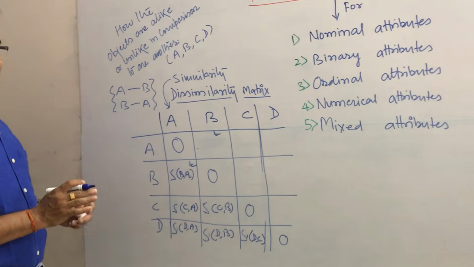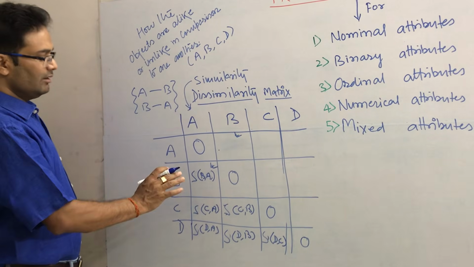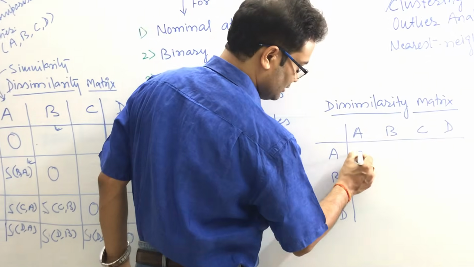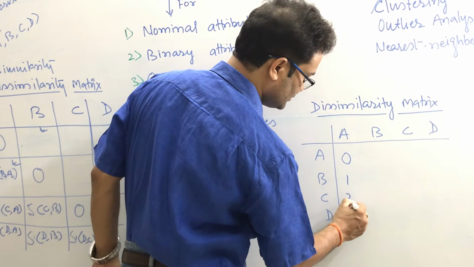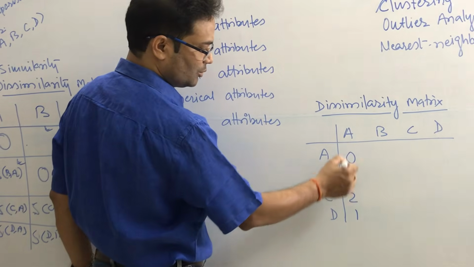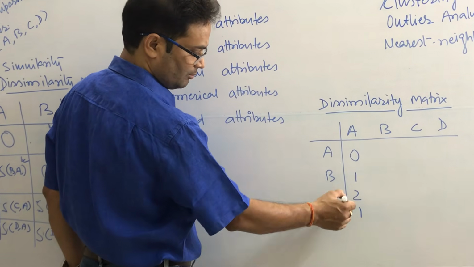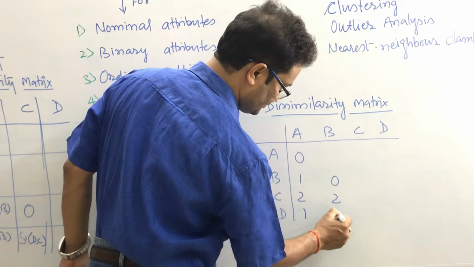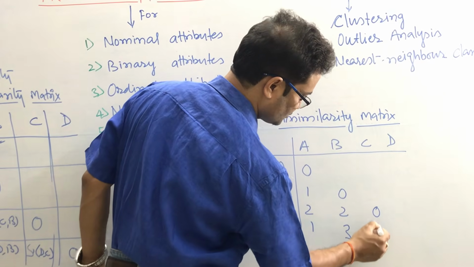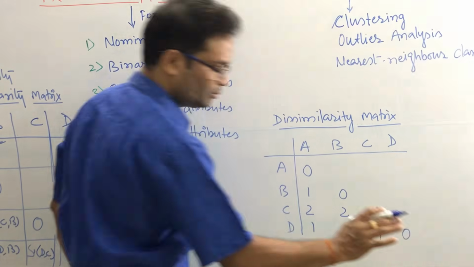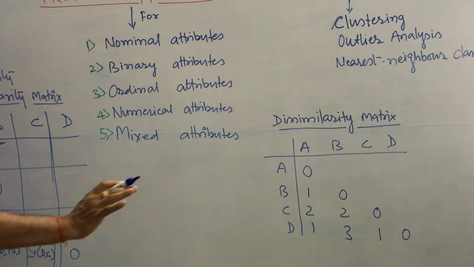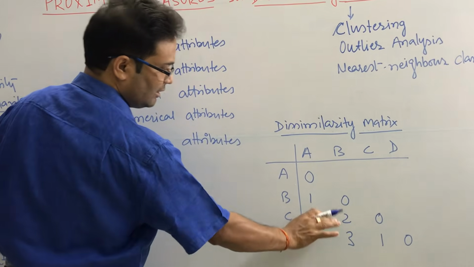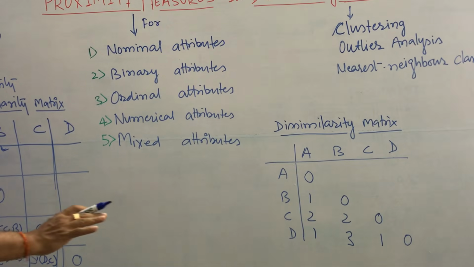To make it easy to visualize, I will use this kind of data. Here it is 0. Suppose the distance between B and A is 1 and between C and A is 2, I will write it this way, just to make it easy. Here also you can see the diagonal is 0 and the bottom triangle has the data.